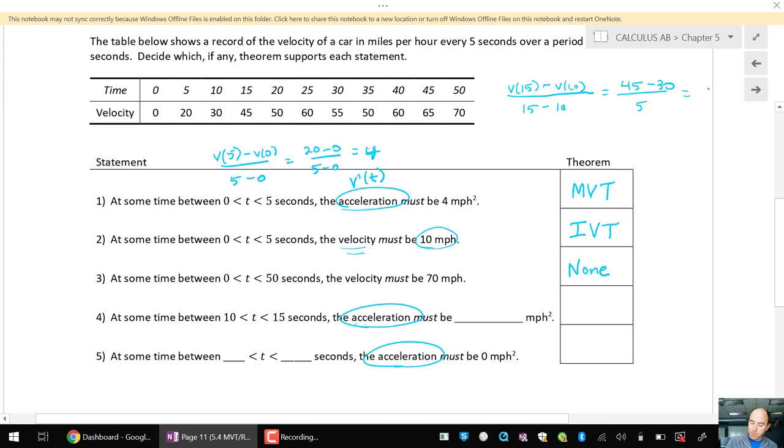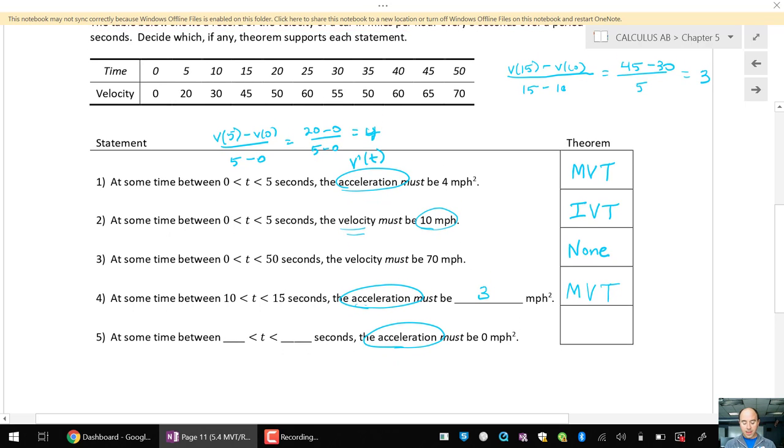So 15 over 5 would be 3. So I'll put a 3 right there in the blank. And by the mean value theorem, I just showed right there the difference quotient equal to 3. I can prove that there must have been a time when the acceleration was exactly 3 miles per hour squared.